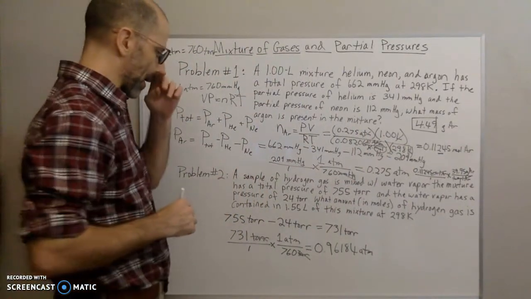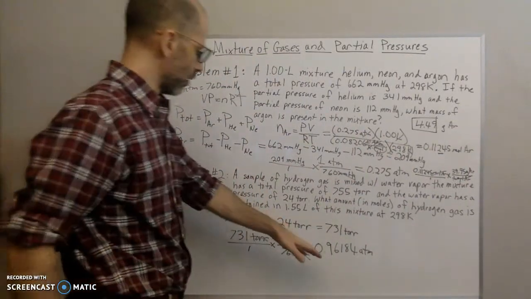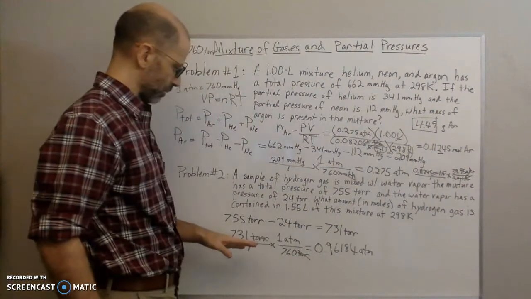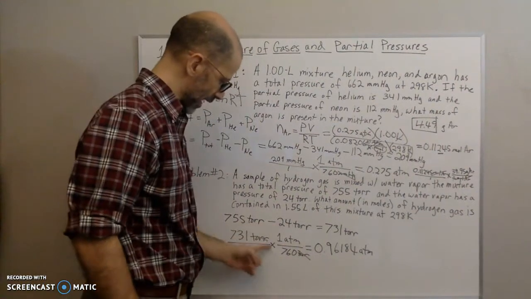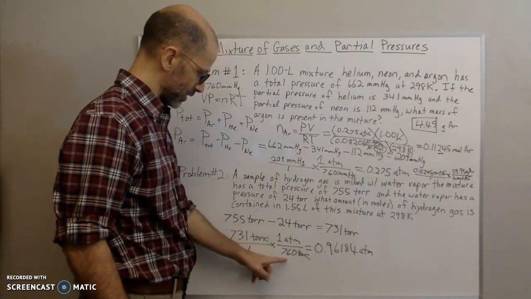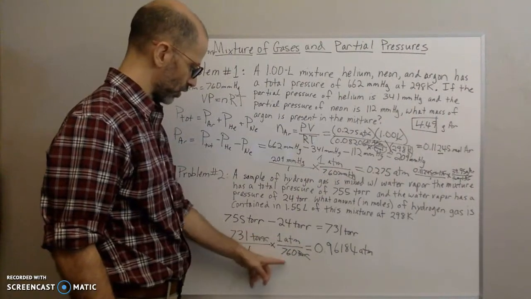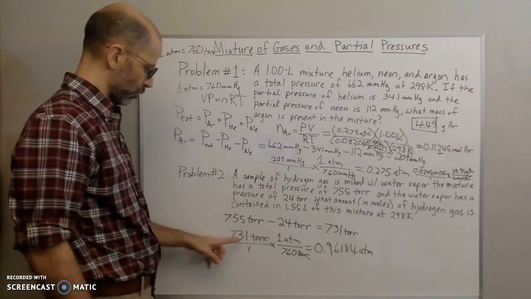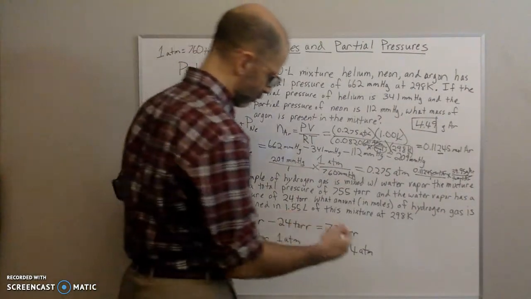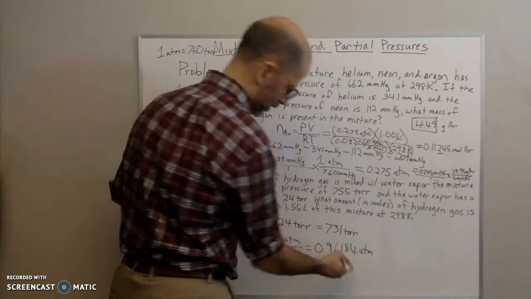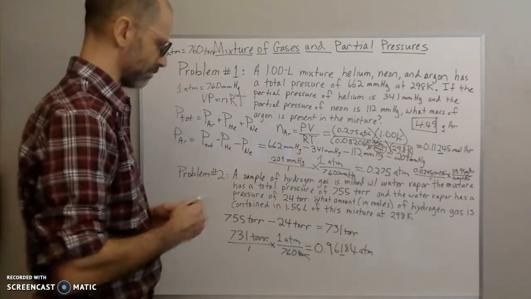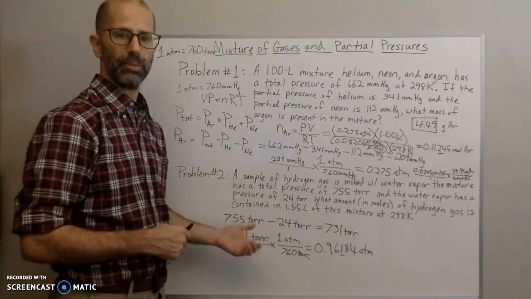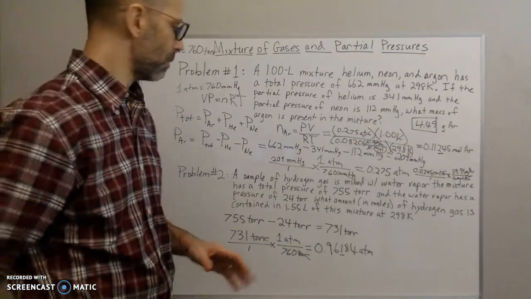Okay. So now I have atmospheres. Let me check my sig figs. This is going to be exact. 1 atmosphere to 760 is exact, so we don't need to worry about that. So I have 3 sig figs. So the 1 is my last sig fig, but I'm going to keep the rest because I have to do more calculations. I have to put that into the ideal gas law.